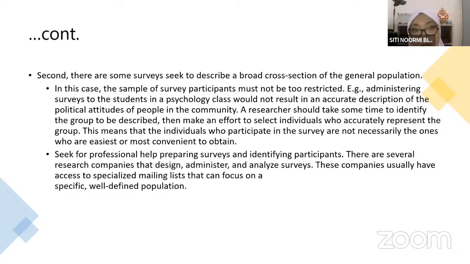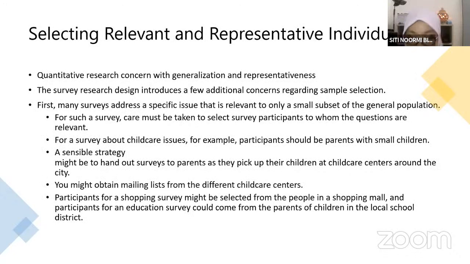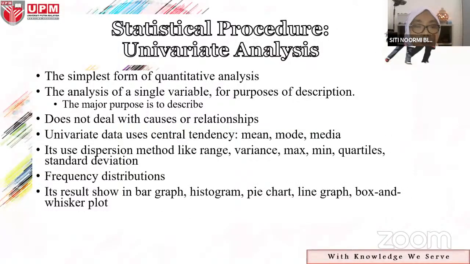Now, the statistical procedure based on the descriptive research design, sorry, the survey research design, because the interest is in describing. The statistical procedure applied to the data from the survey research design is the univariate statistical analysis.